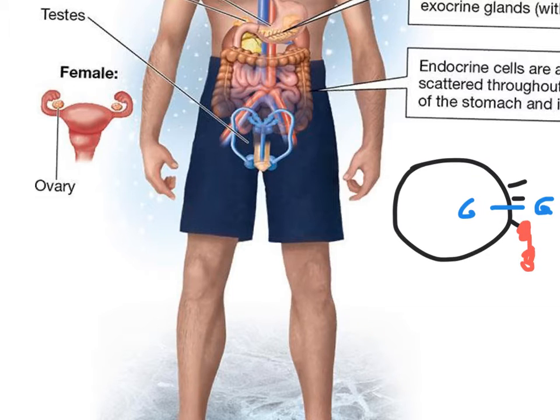And then the glucose first is broken down through glycolysis, and then finally enters the Krebs cycle and the electron transport chain.